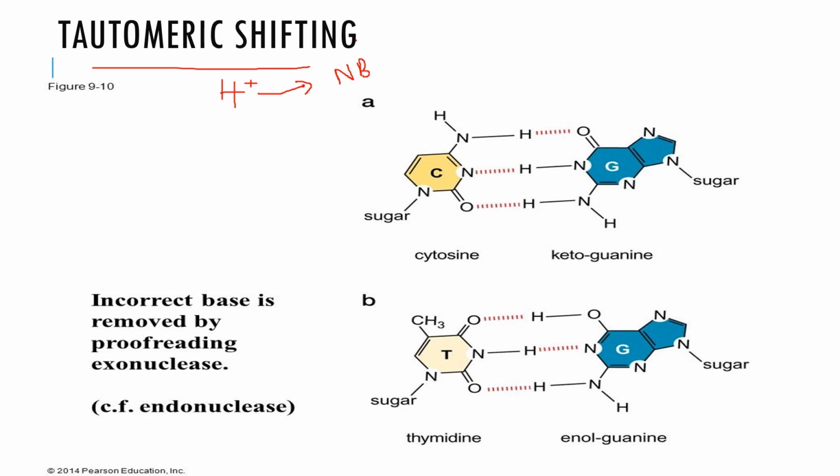As you can see here, it's cytosine and keto guanine, and thymine and enol guanine. Guanine forms bonds with cytosine, and between guanine and cytosine there are 3 bonds. In this form, the guanine is present in keto form and the cytosine is present in amino form.